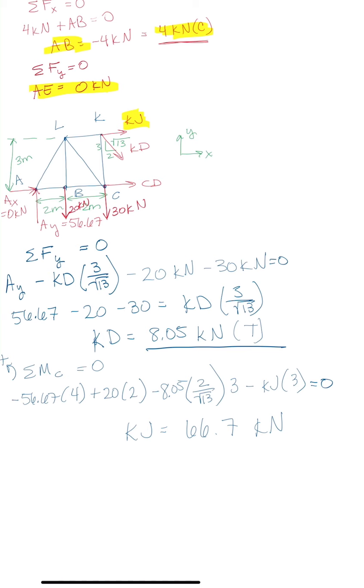Negative 66.7 kilonewtons. And so that just tells us that K J equals 66.7 kilonewtons in compression. And that's what that had asked us for.